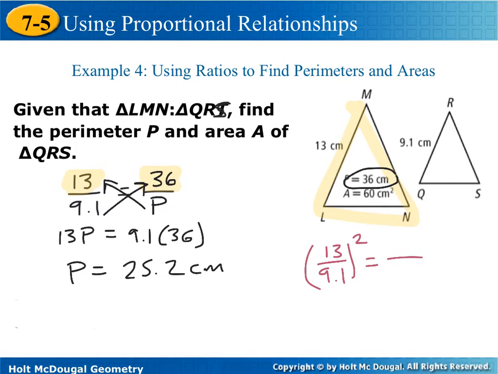Is the 60 going to go on the top or the bottom? The top. Because again, 13 corresponds with the big triangle. So 60 has to correspond with the big triangle. What's going to go on the bottom? A, because that's what we're trying to find.